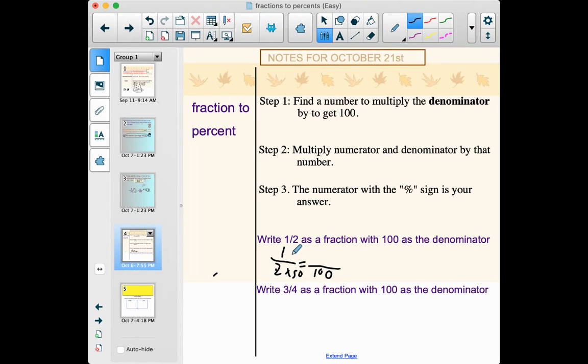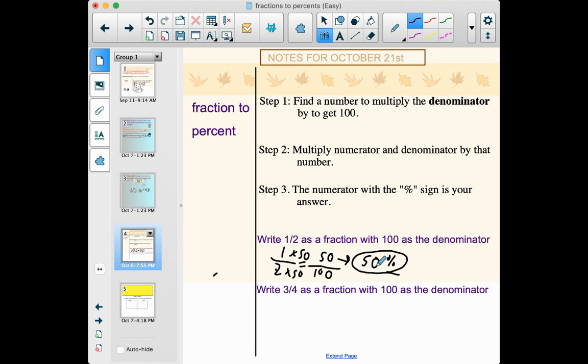So that tells me if I multiply the bottom by 50, I have to also multiply the top by 50. 1 times 50 is 50. So 1/2 is the same as 50 out of 100. Once I have that denominator to be 100, 50 out of 100 means 50%. So I just take that numerator and give it a percent sign. There's my answer. 1/2 is 50%.